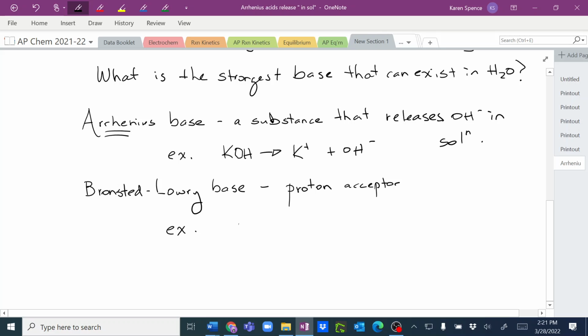You could, I suppose, say hydroxide plus H2O gives H2O plus hydroxide, where you have a hydrogen moving from here to here. Yes, and that does happen, but it's kind of goofy.